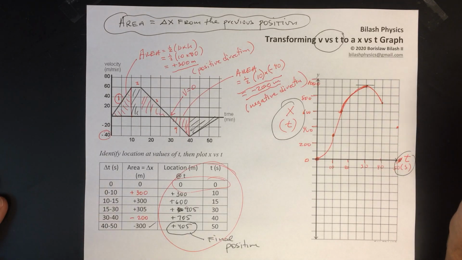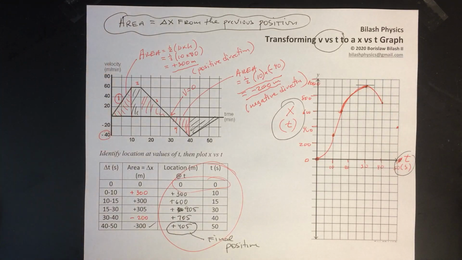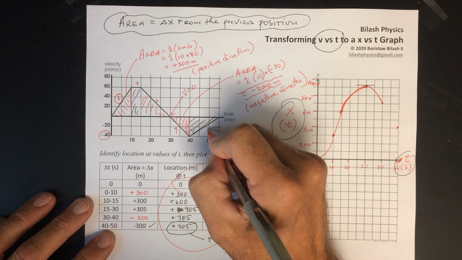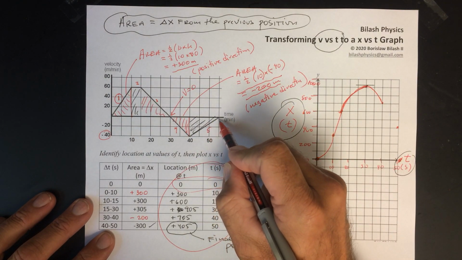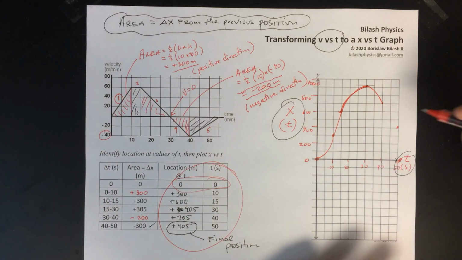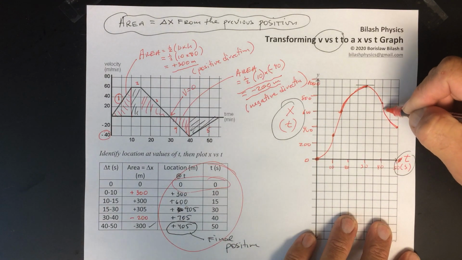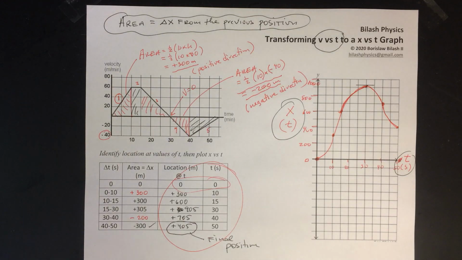In order to change direction, we have to end and start at a speed equal to 0 as we make that direction change. And then finally, this last part right here, 5, we are slowing down in a negative direction. So that would be a curve that looks something like that. And that's how you transform a velocity to a displacement versus time graph.